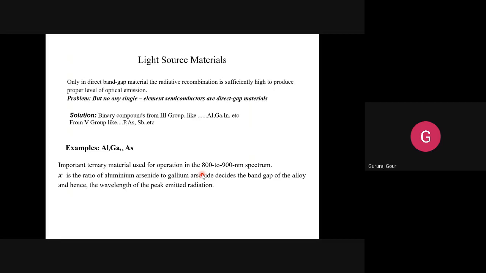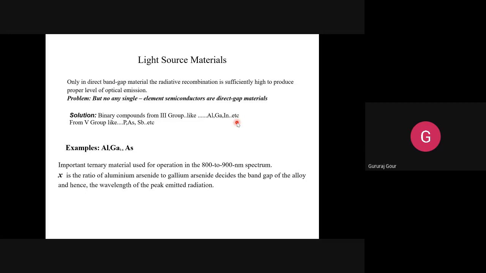The problem here is that only in direct band gap material is the emitted light highly directional, because we have seen when discussing the direct band gap that it is emitted in one direction, more coherent compared to indirect band gap. In indirect band gap materials, we have seen that the radiation will be added in one direction and subtracted in another direction.